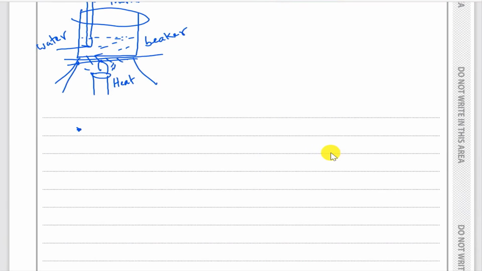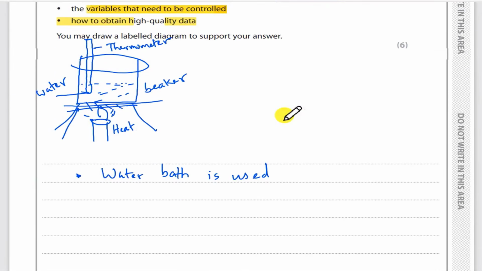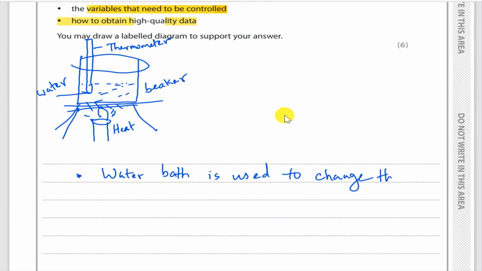Here, a water bath is used to change the temperature of the ball. Here a thermometer is used.